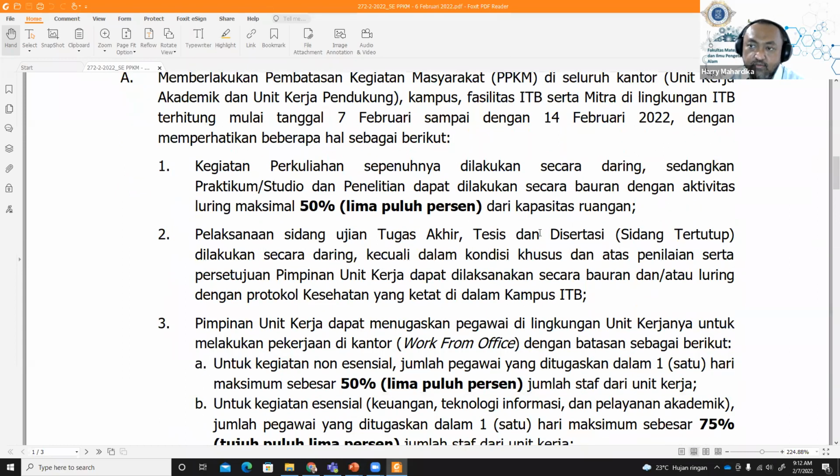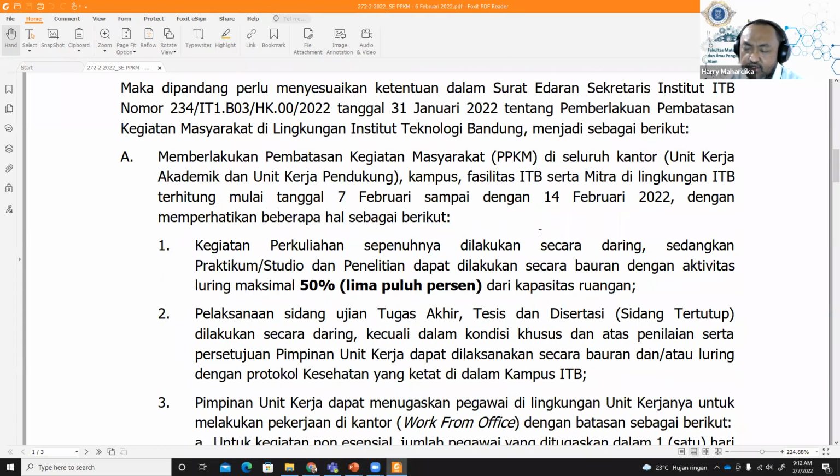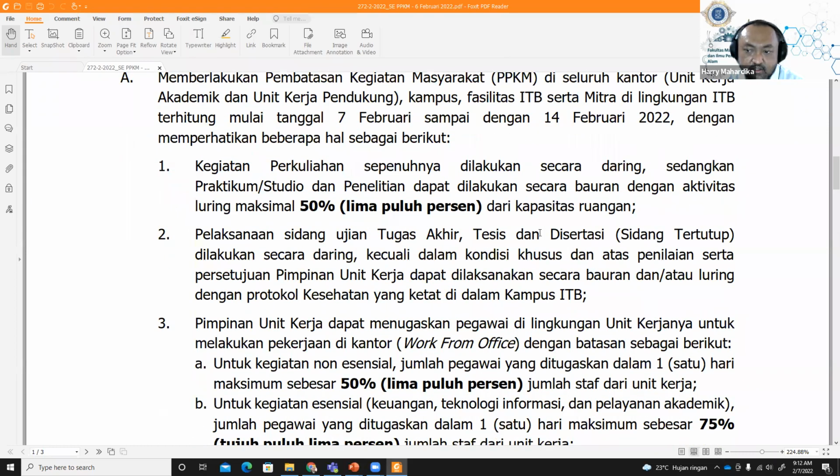And then this information will be updated every week corresponding to the situation that the city of Bandung or the county of Jatinangor has, so that if a class needs to be shut in the campus and moved back to online, it will be the best option for this week.